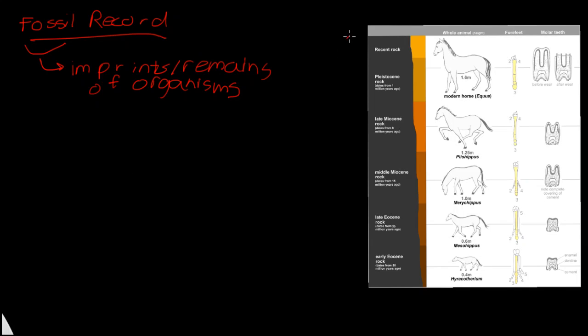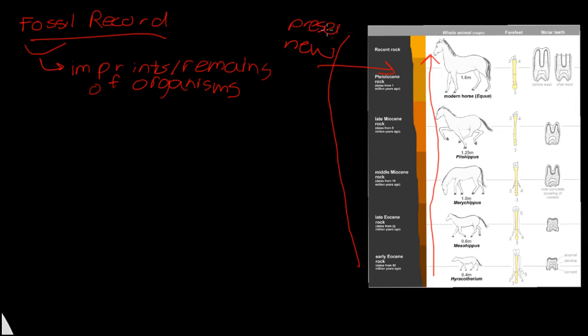So as we can see here, we can see the evolution of a horse from way back to all the way now. The top represents the newest horse, or what's happening closest to now. It's a recent rock. And this is from a long time ago.